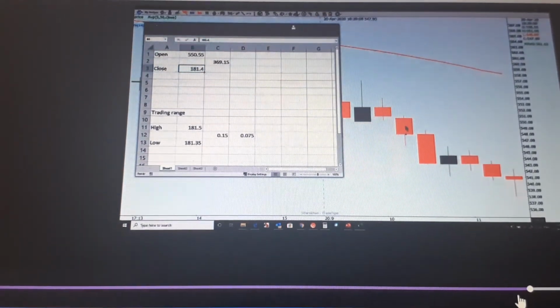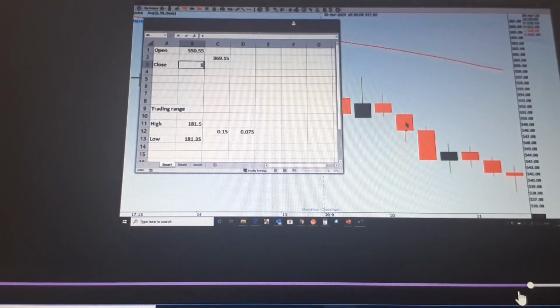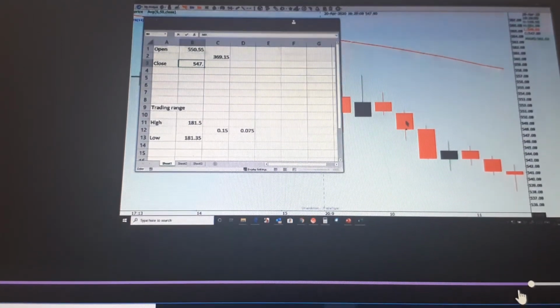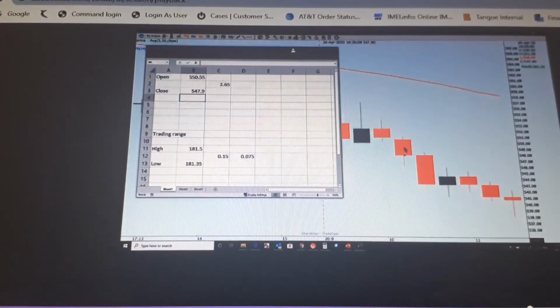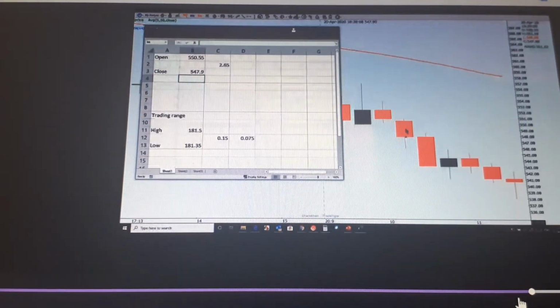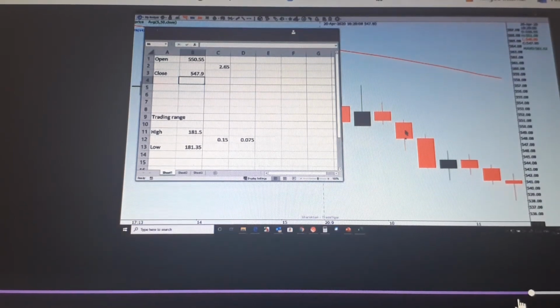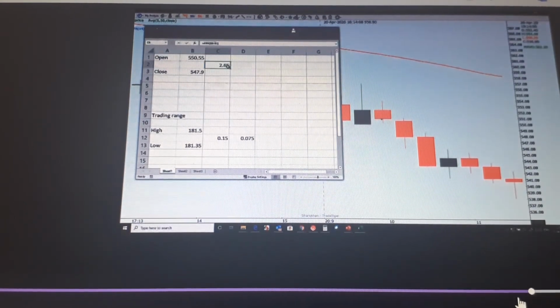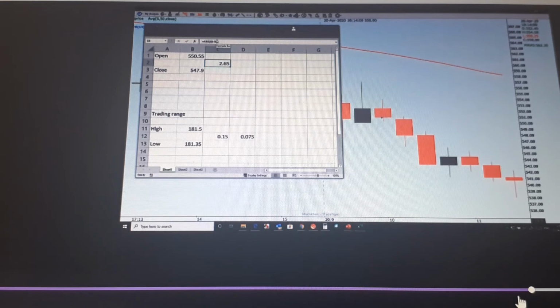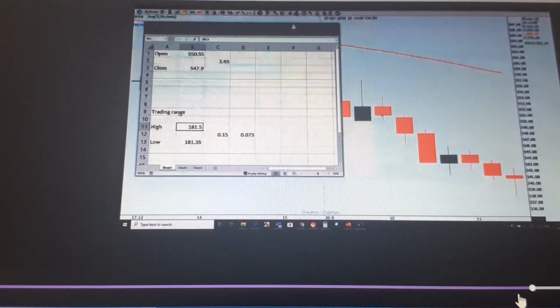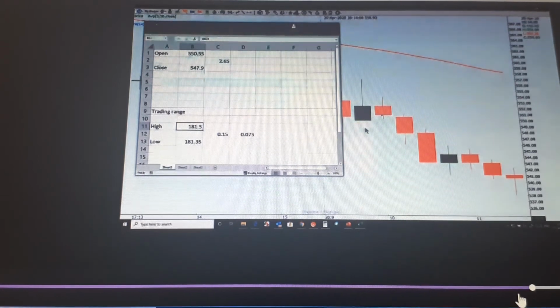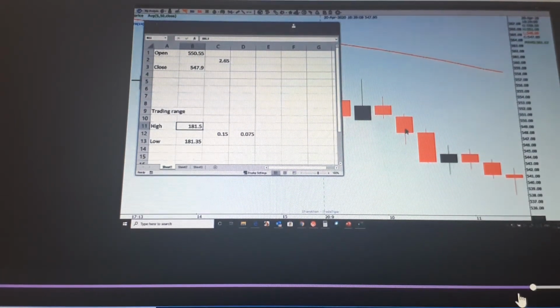The close is 547.9. So this is your body. 2.65 is your body because this is the distance from the open to the close. Here I've just taken an absolute value of B3 minus B1. Now this is your range. When I talk about the range, it is the distance from the high to the low.